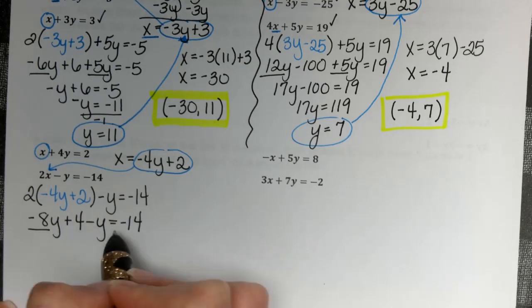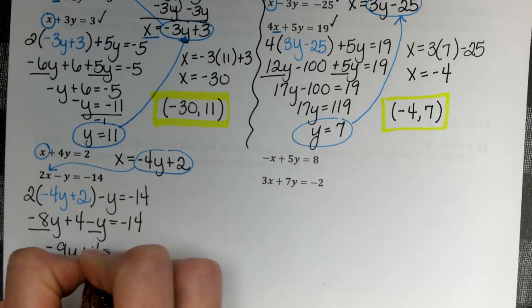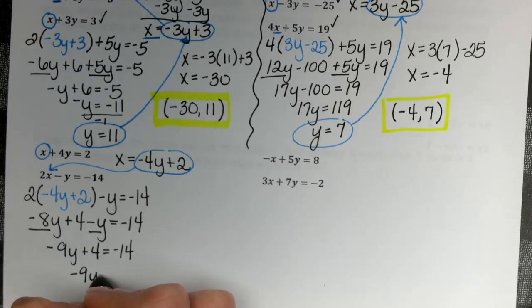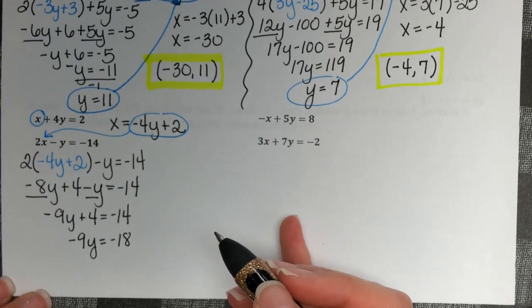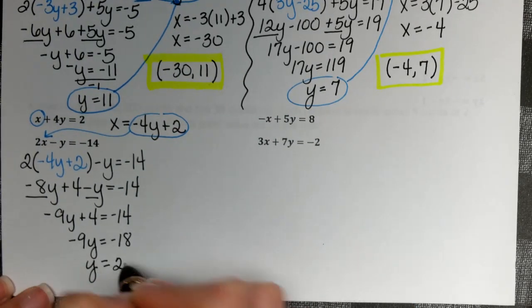Combine my like terms. Negative 8 minus 1 is a negative 9y plus 4 equals negative 14. Subtract your 4. Negative 9y equals negative 18. Divide by negative 9 and y equals 2.